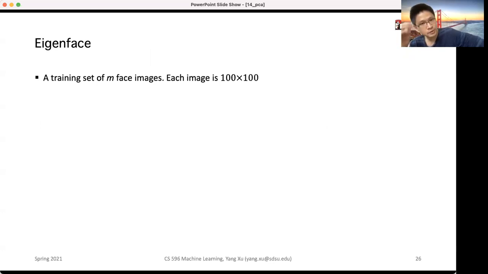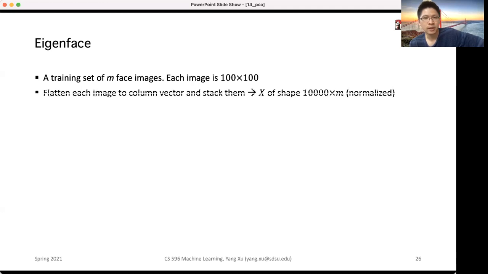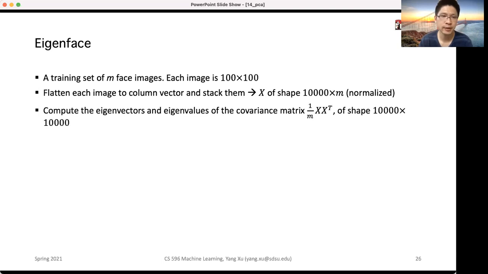So if we flatten each image to a column vector and stack them, it will be a 10,000 by m matrix. That'll be our whole training data set, right?